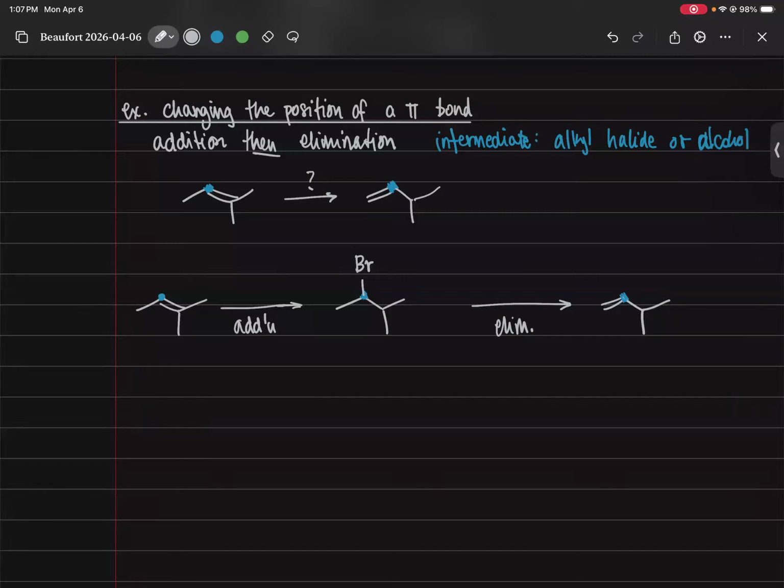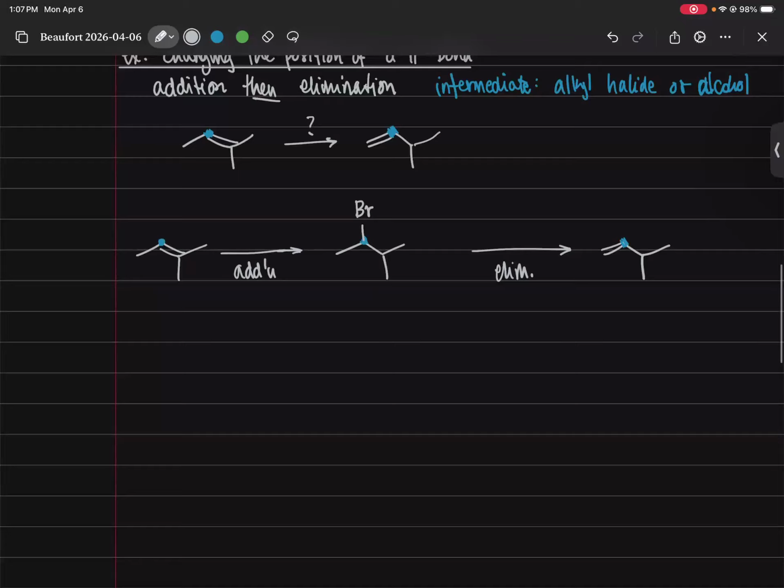So we'll take the first reaction just by itself. What type of addition reaction is this? This is also a hydrohalogenation. So where would the hydrogen be? Would it be next to the Br?